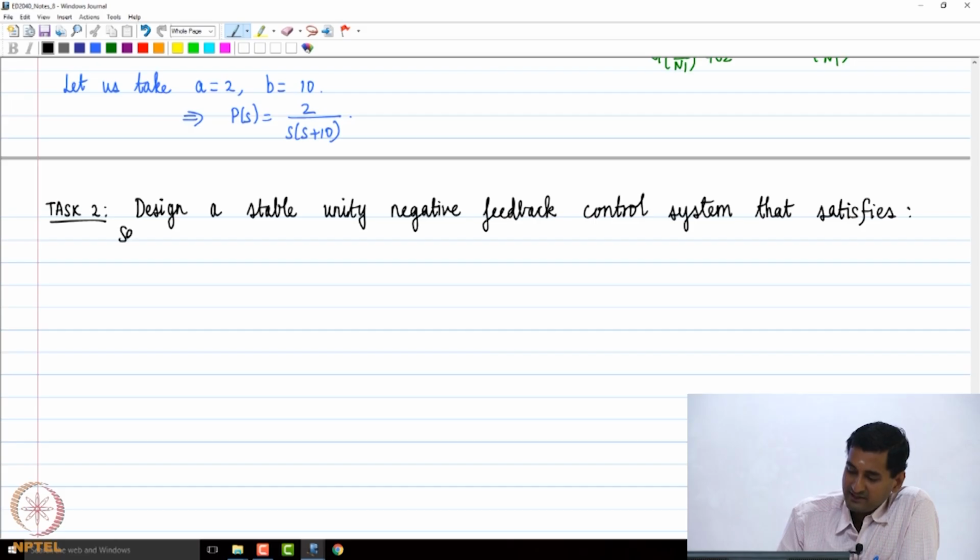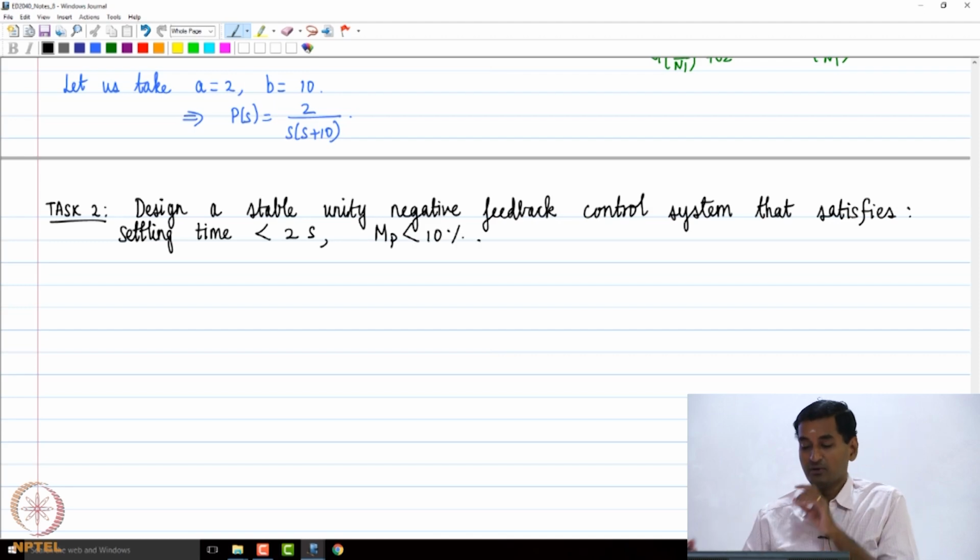Okay, settling time less than, let us say, 2 seconds, peak overshoot Mp less than, let us say, 10%.